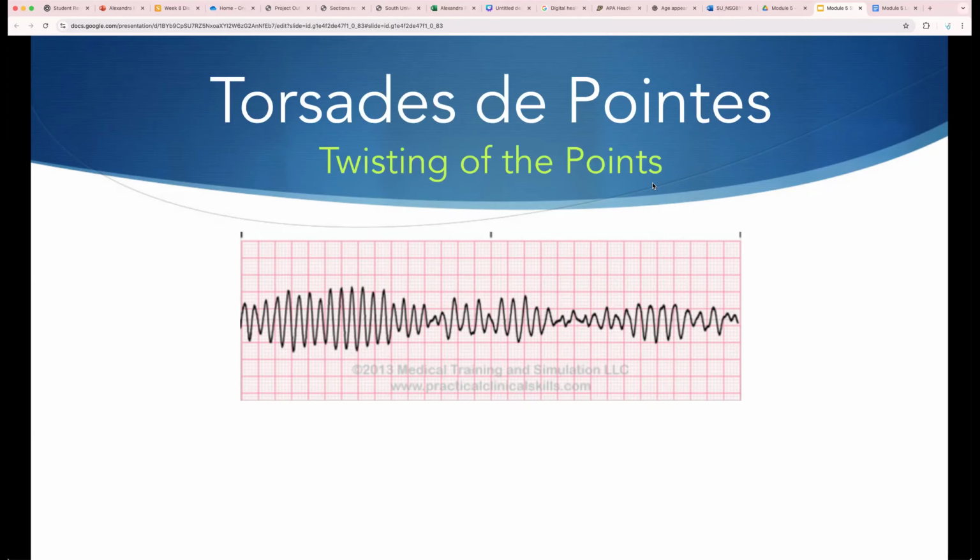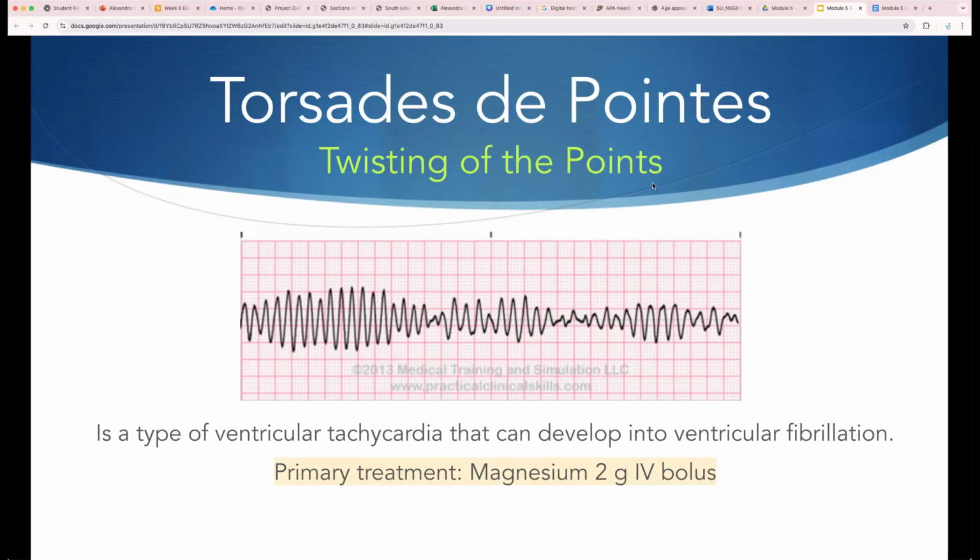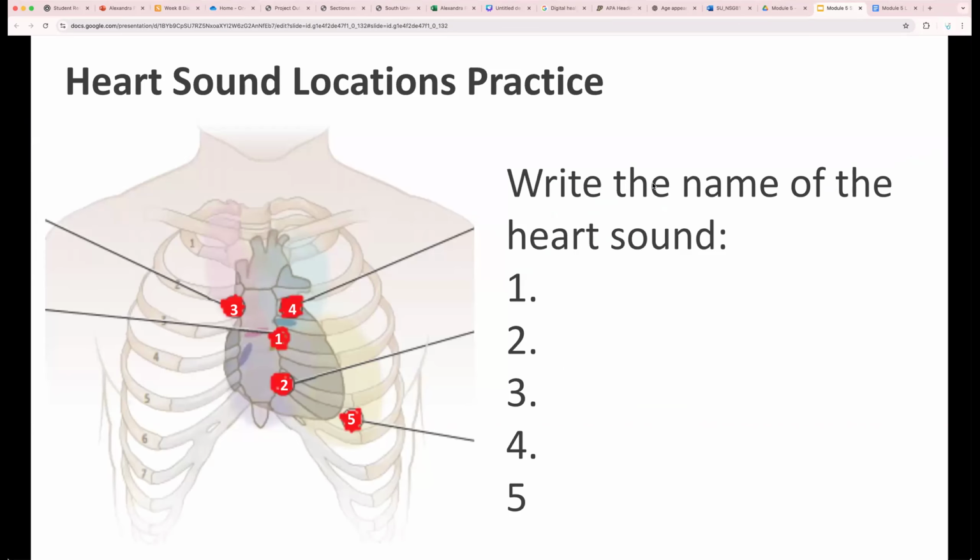And so, what is the name of this rhythm? Torsades de Pointes. Very good. And what is the primary treatment that we use to treat this? Magnesium, very good. So this is torsades de Pointes. It's a type of VTAC. And the problem here is that it can develop into ventricular fibrillation, and we treat it with magnesium.